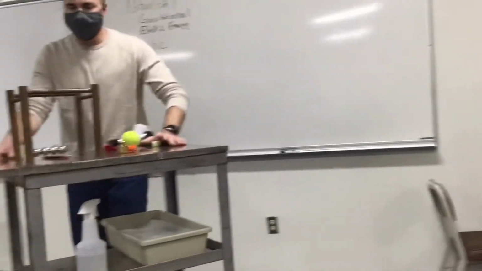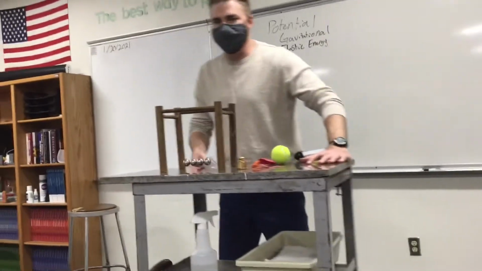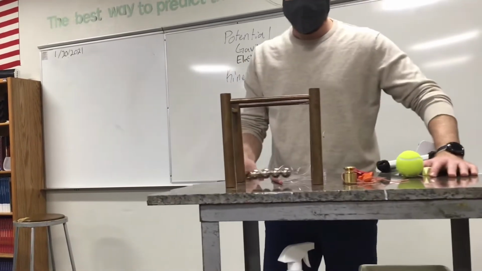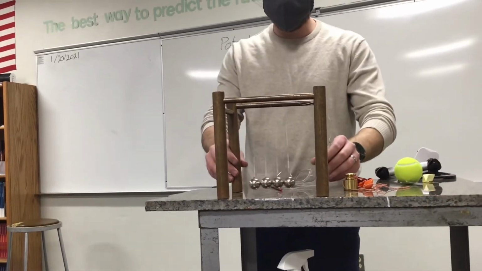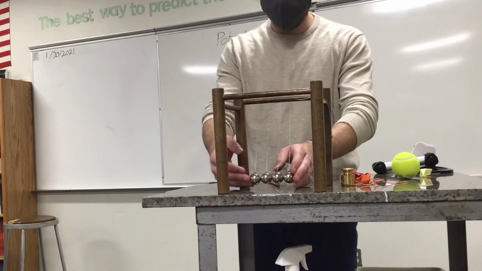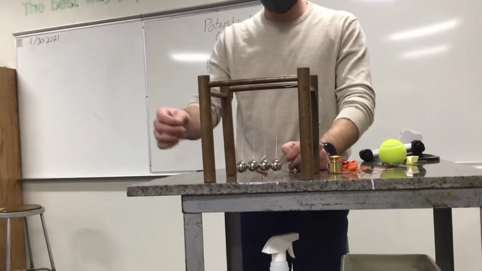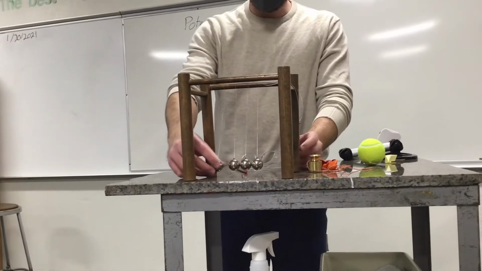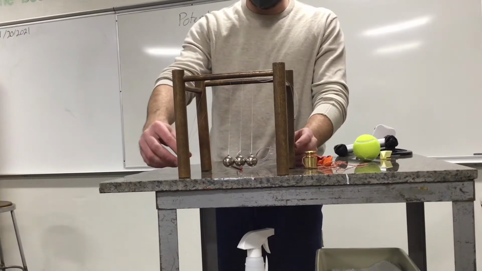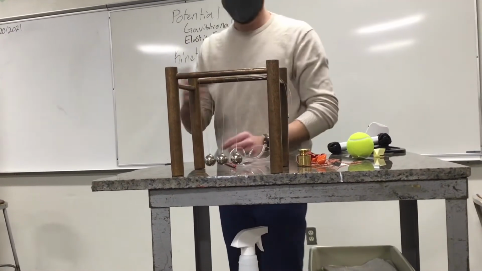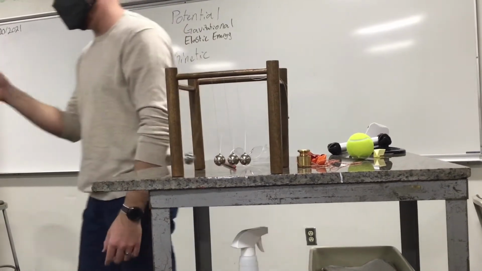Okay, so right here, I have what's called a Newton's cradle. I don't know if you guys have seen this before. But what you do is you've got normally more than 4 steel balls, but this one's broken. You take one of the balls and you pull it up, let go, and it oscillates back and forth.